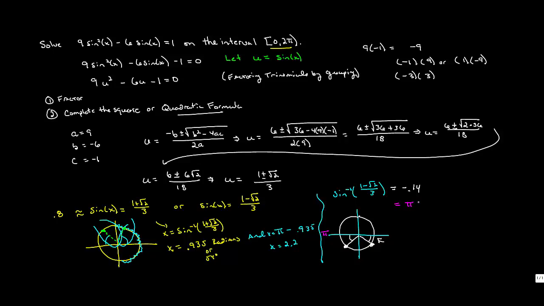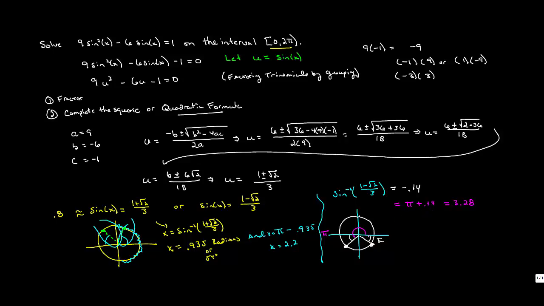So pi plus 0.14, right? Because we want to take this angle and add to it that little bit to get this full angle right here. And I know that these two angles are the same, and this angle is negative 0.14, so this has got to be 0.14 right here. So I'll get 3.28 approximately, right? Because this is 3.14 plus 0.14.